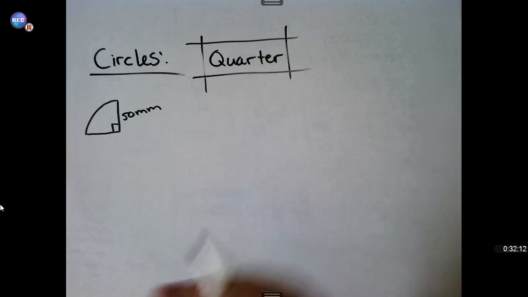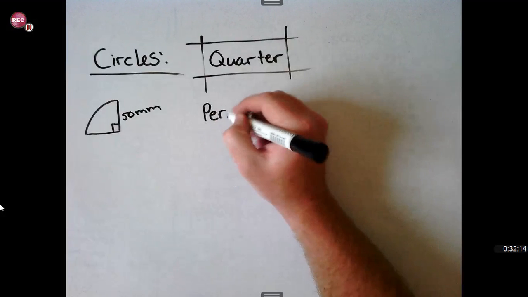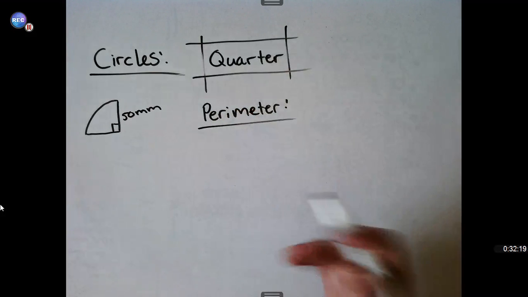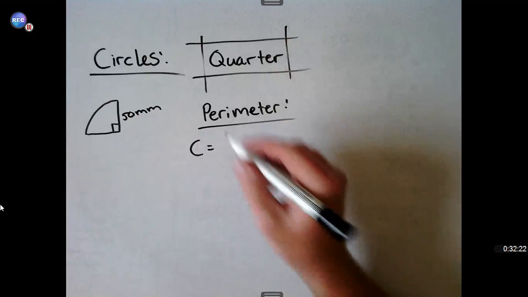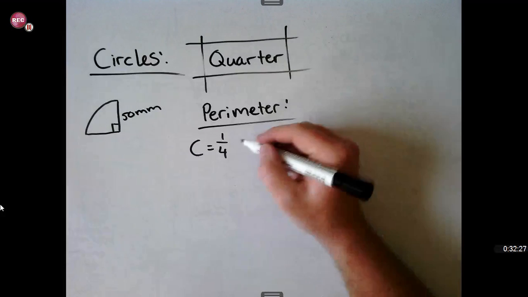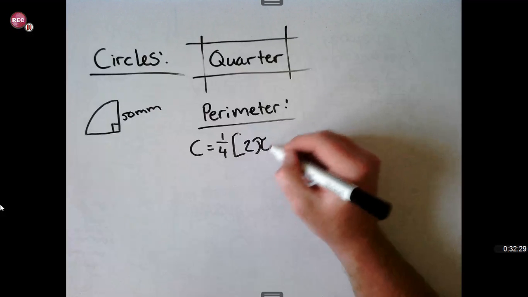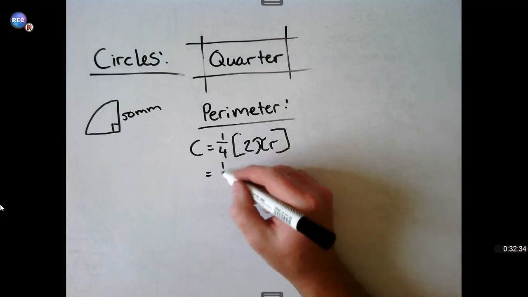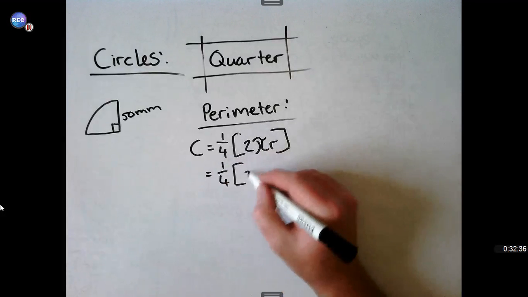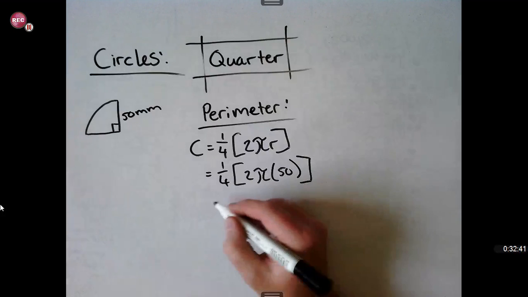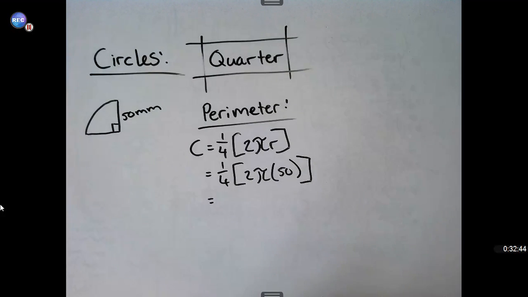Okay. So for a quarter circle, to calculate the perimeter, same as what we basically did with the semicircle. So it's C equals, and instead of putting a half, we put a quarter, because you're only working with a quarter of a circle. Open bracket, 2 pi times radius, close your bracket. So when we calculate it, it should be a quarter, 2 pi, and then the radius is obviously 50. And then we're going to put it into our calculator, which would now be 1/4.